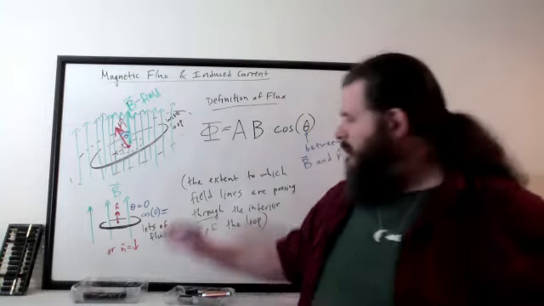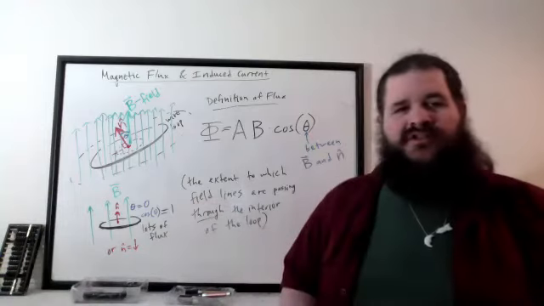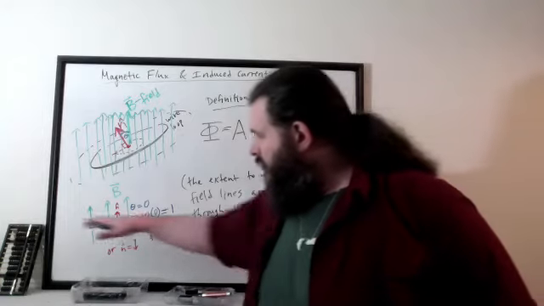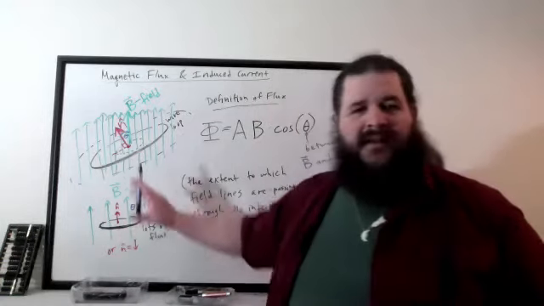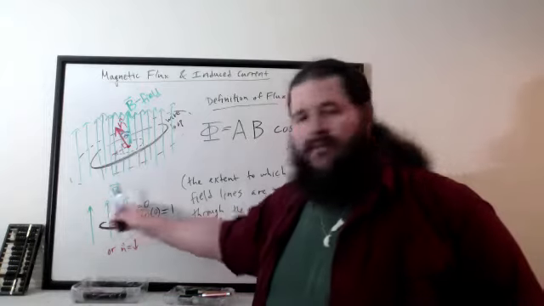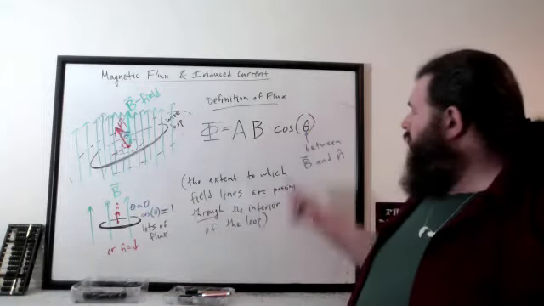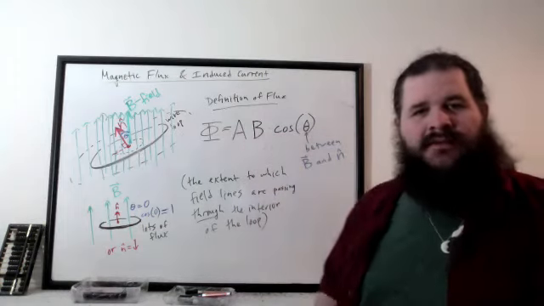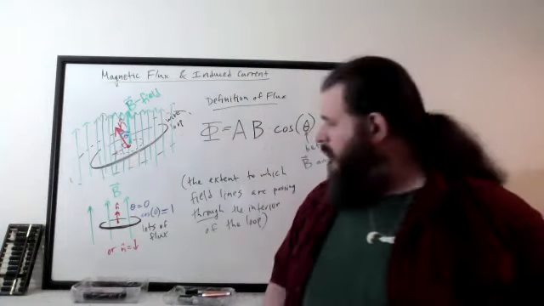One. Yeah, cosine of 0 is 1, which is the largest cosine can possibly be. So if the surface is oriented perpendicular to the magnetic field, that means the angle is 0 because the normal vector is in the same direction as the magnetic field. That leads to cosine of 0, which is 1, so flux is just A times B. That's the largest it can possibly be.